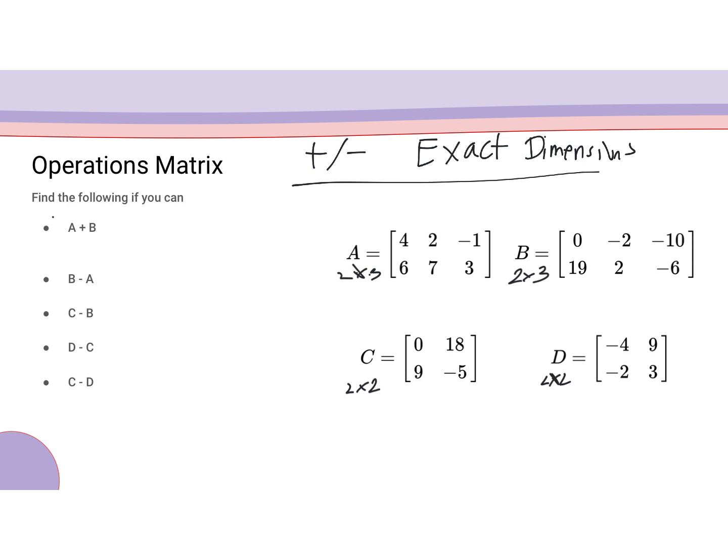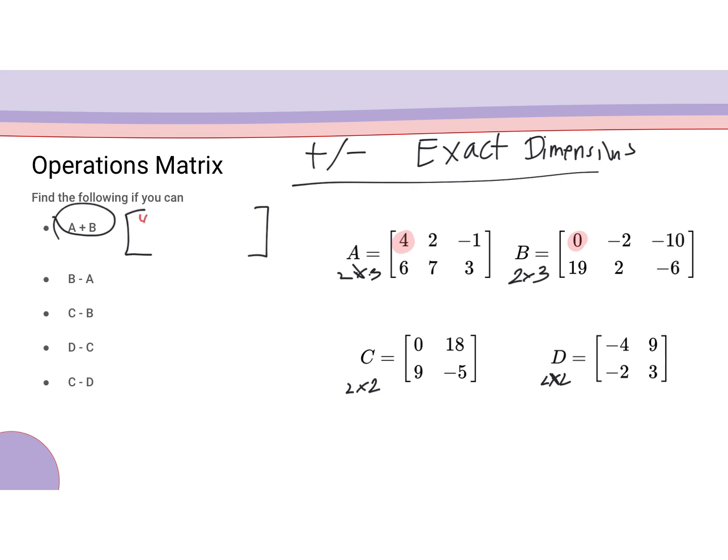So what that means is, in my first example, A plus B, since A and B are exactly the same, we can actually do this operation. And the way that we do it, just like how I showed you in the previous one, you just line them up cell by cell.